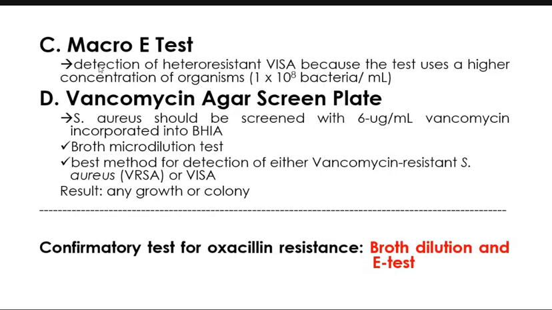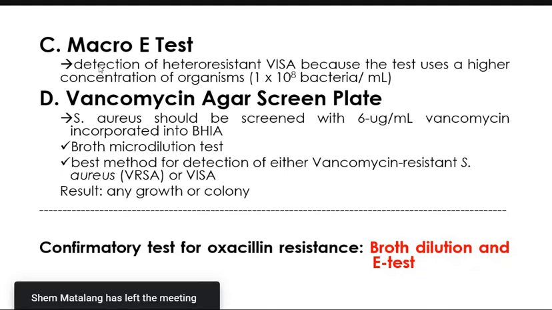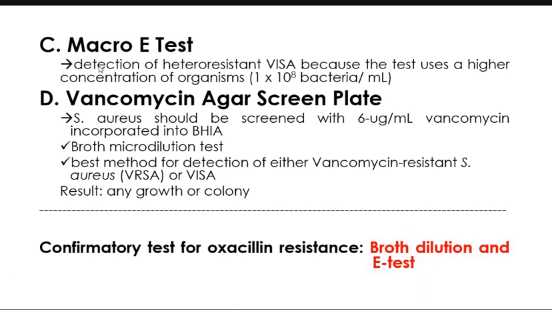Then the macro E test, detection of the heteroresistant VISA, vancomycin intermediate Staphylococcus aureus, because the test uses a higher concentration of organism. And also you have the vancomycin agar screen plate. So Staphylococcus aureus should be screened with 6 microgram per ml vancomycin incorporated into the brain-heart infusion agar.